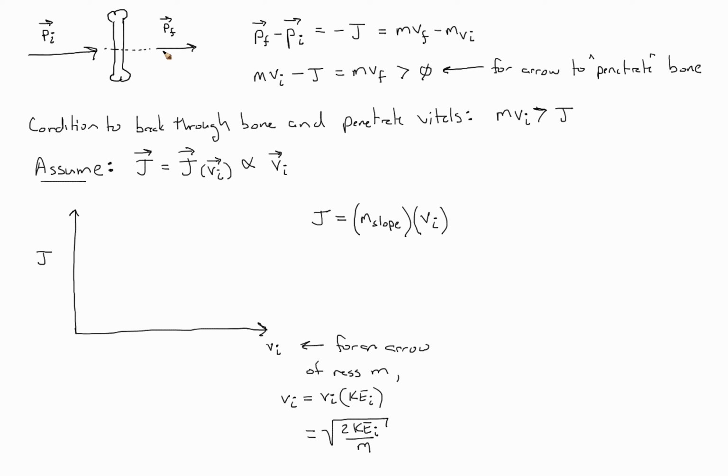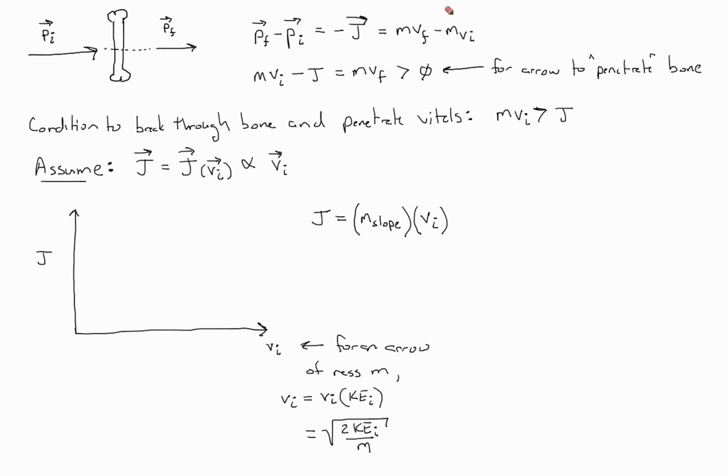It's penetrated the bone. And of course, the final momentum is going to be less than the initial momentum. So again, we can write down this equation, which should be a vector equation. So I need to have some vector arrows here. And it's the exact same equation that we saw before. In fact, I don't want those vector arrows.